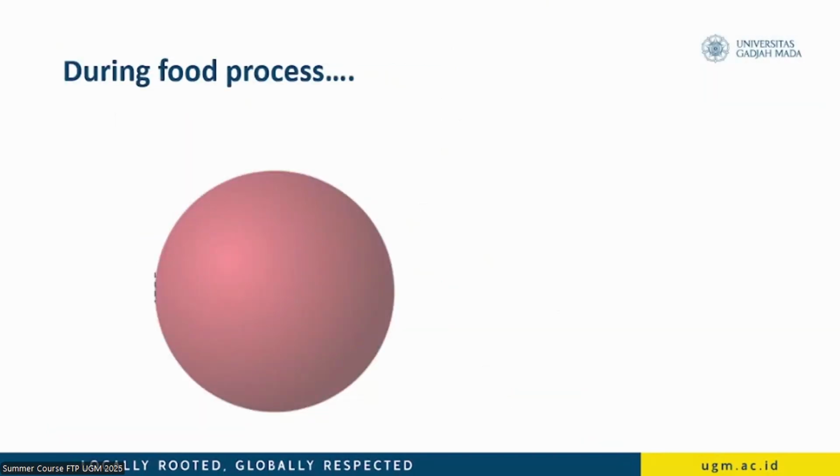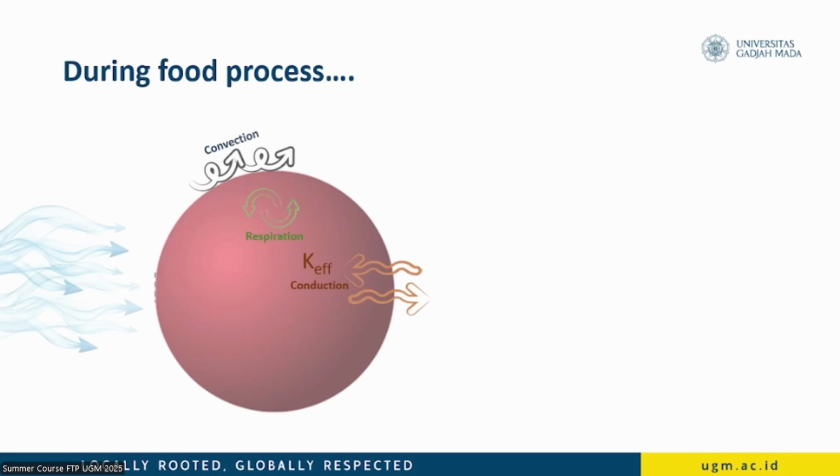Yeah, you can imagine that these are fruits like apple, maybe. Apple undergoes respiration after being harvested. And then some airflow will hit the apples and convection happens. And at the same time, heat conduction also happens.